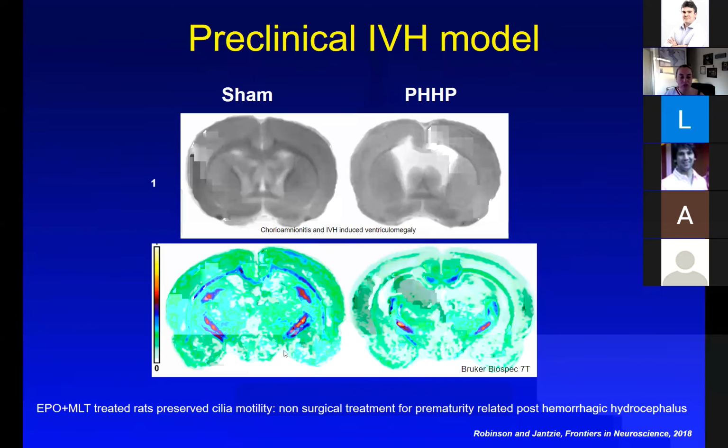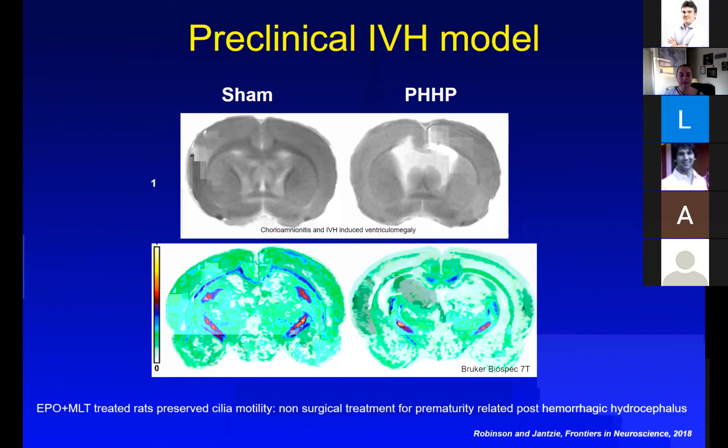If this was introduced to the ventricular system, could this eliminate their need for shunting? Obviously, that would be a great opportunity for these infants, because being shunt dependent for a lifetime is quite challenging. There are lots of complications that can happen.